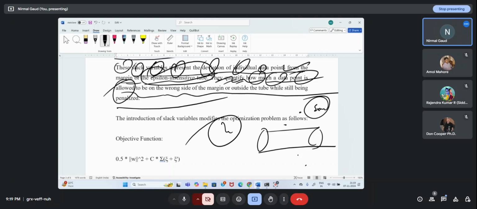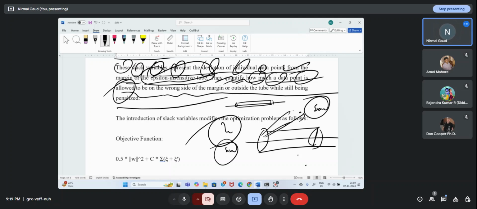Remember one thing, there's a twist. If there are many points outside, that means you are having a very narrow epsilon tube. And if there are many points inside the tube, then your model is simple.